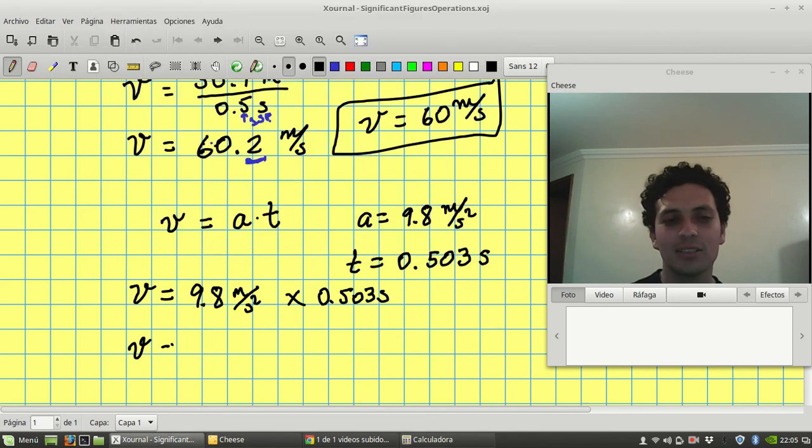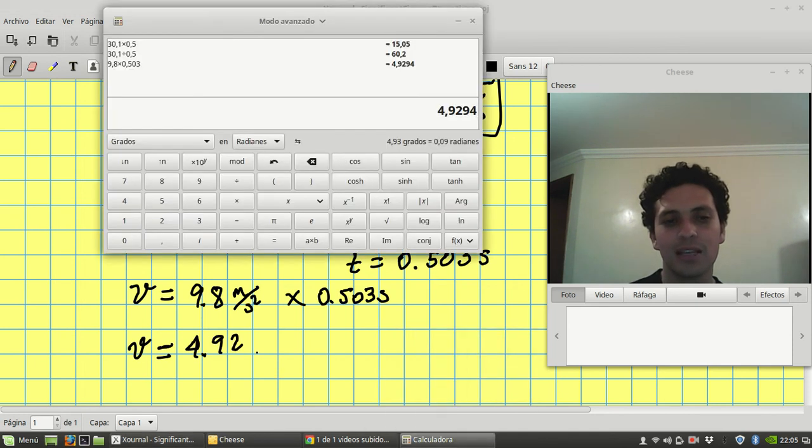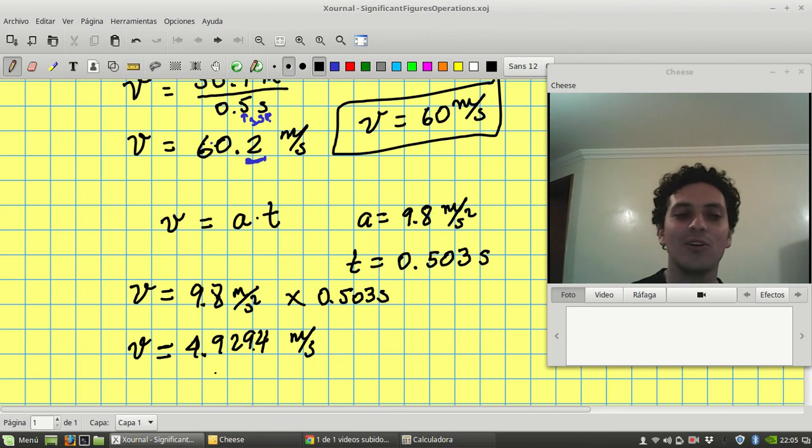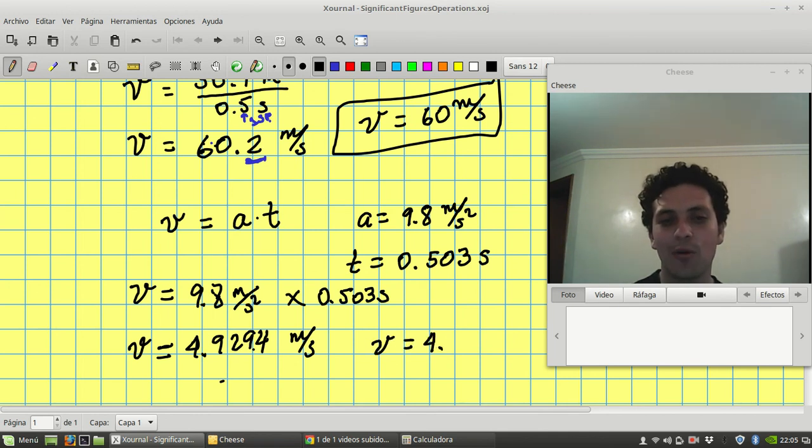I got the answer 4.9294 meters per second. And if you did it right, the answer for the speed is going to be 4.9 meters per second.